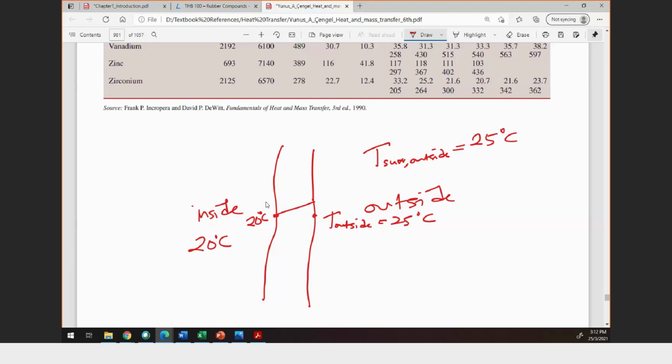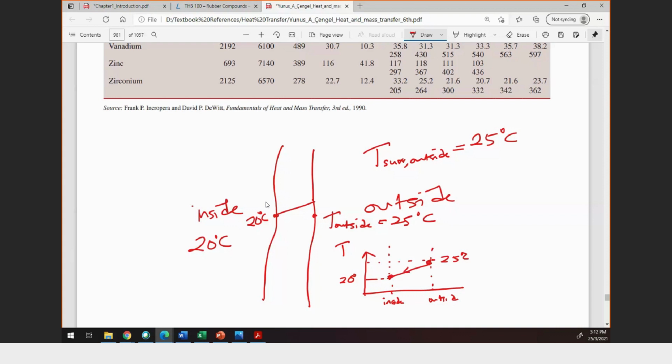If I plot it in a graph, T, this is inside, this is outside. This is 20, this is 25. There is a difference in temperature.